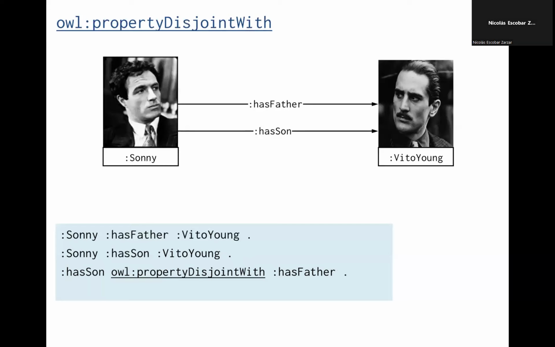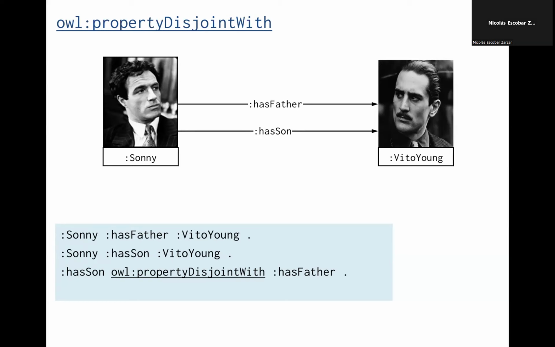Property disjoint with is a similar case, where we can define two properties to be disjoint, so that they can't relate the same pairs of entities. If we take all the pairs of entities related by property P1 and all the pairs of entities related by property P2, if P1 and P2 are disjoint, it means that they can't relate any pair in common. So in this case, we have Sonny has father Vito Young and Sonny has son Vito Young.